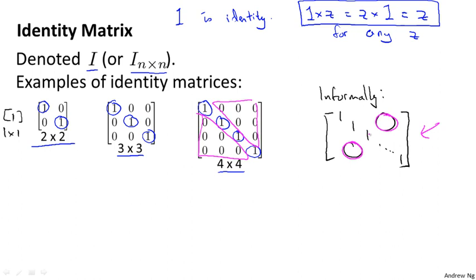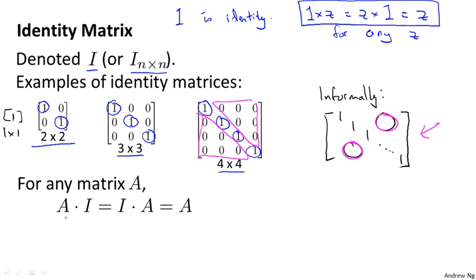And it turns out that the identity matrix has this property that for any matrix A, A times I equals I times A equals A. So that's a lot like the equation we had up here: 1 times z equals z times 1 equals z itself. So I times A equals A times I equals A. Just to make sure we have the dimensions right: if A is an m by n matrix, then this identity matrix here is an n by n identity matrix.